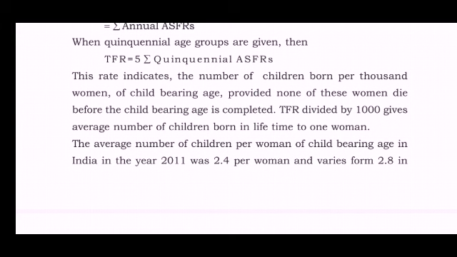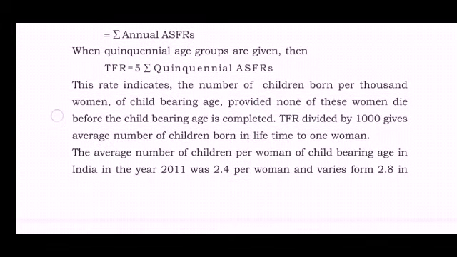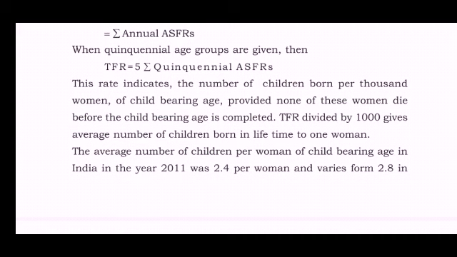So here it is TFR. If you divide TFR by 1000, it gives the average number of children born in a lifetime to one woman, that is, per woman.